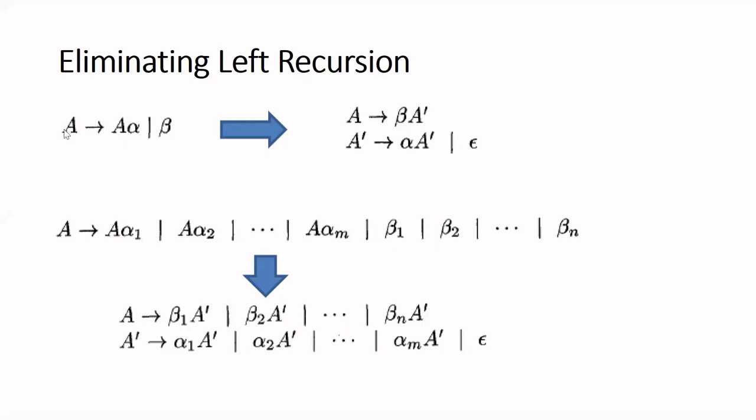So this is the general form of a left recursive grammar, which is A derives A alpha or beta. Why is it left recursive? How can you identify whether it is left recursive or not?